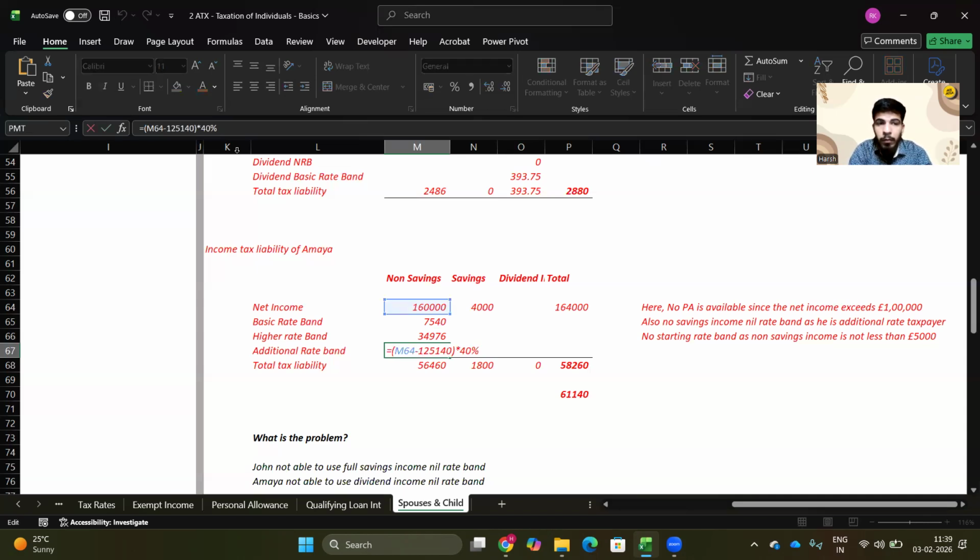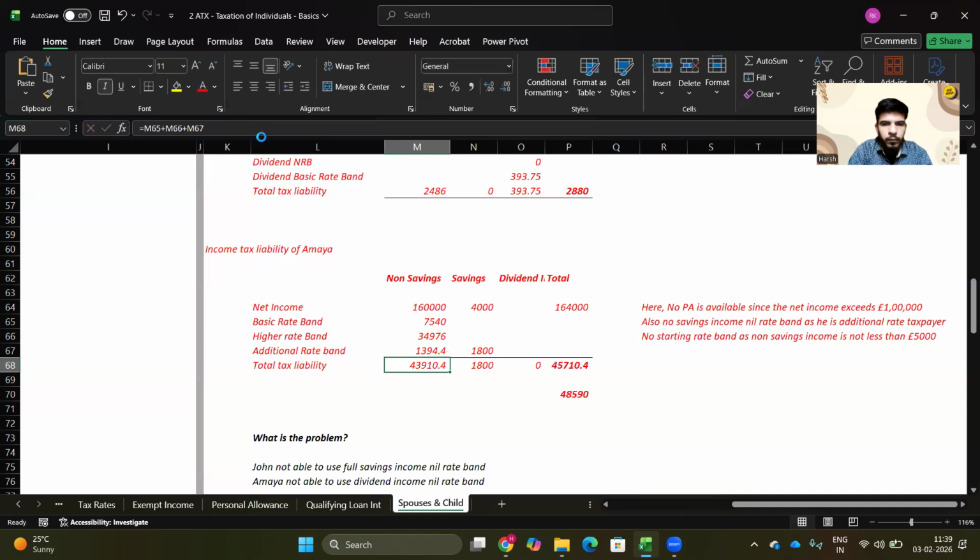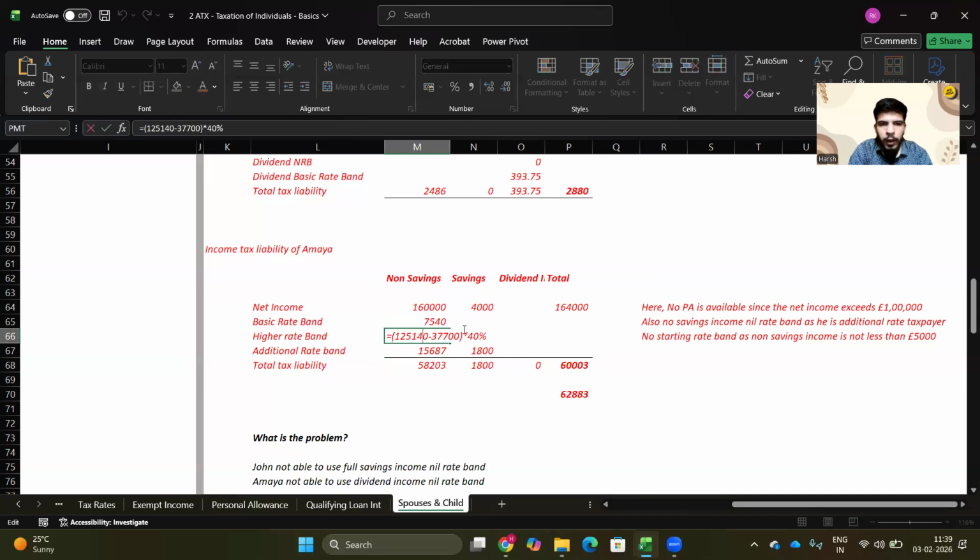Now you move to the additional rate band, which is actually 45%, sorry. So here we took the basic rate band of £37,700, then till £125,140 you had a 40% charge, and at the end, you have 45%.